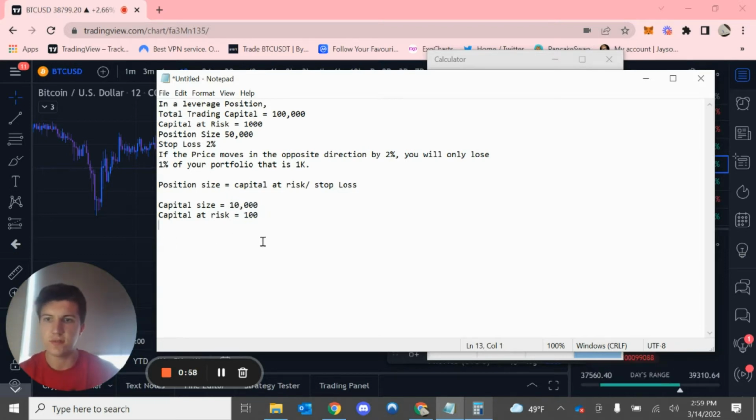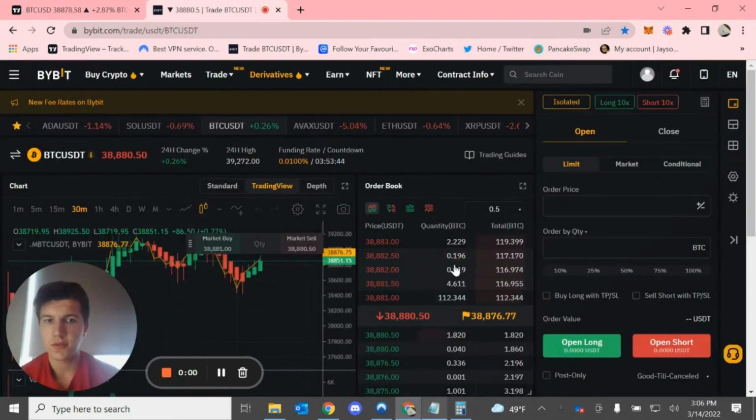So after this, if we do lose, we'll have $9,900 left. Now let's go in and actually find out what our leverage is, which is optional, without us getting liquidated and losing more money than we should.